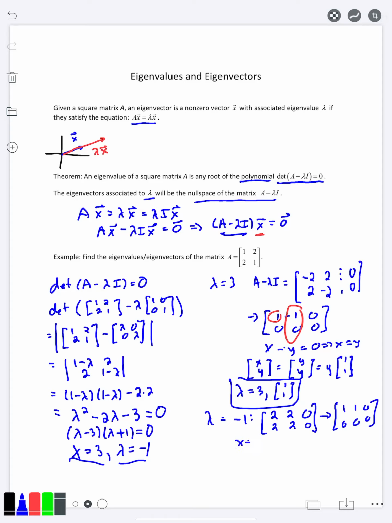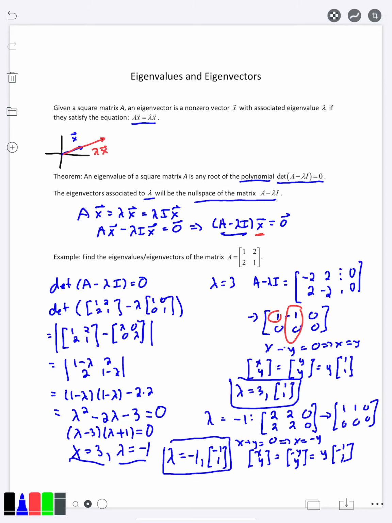We get the equation x plus y is 0, so x equals negative y. So (x, y) is (negative y, y), which is y times negative 1, 1.